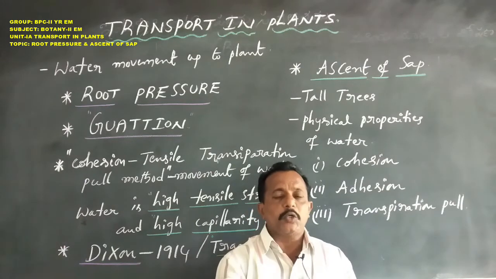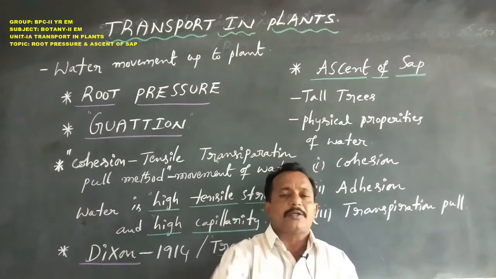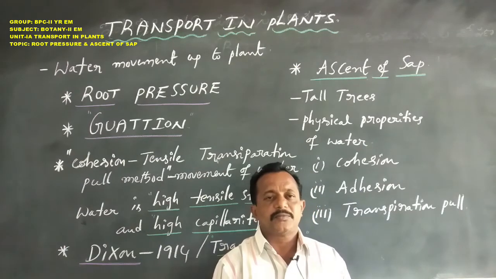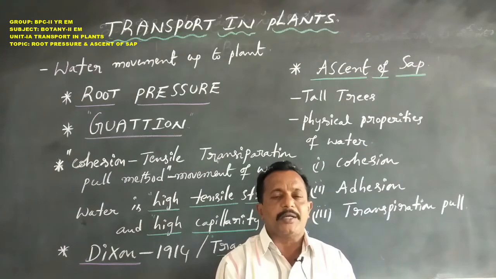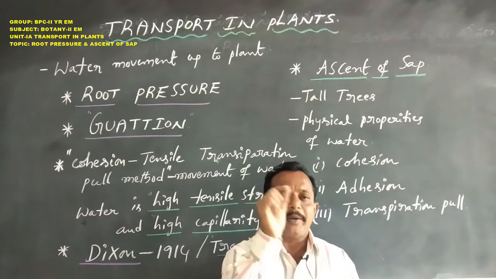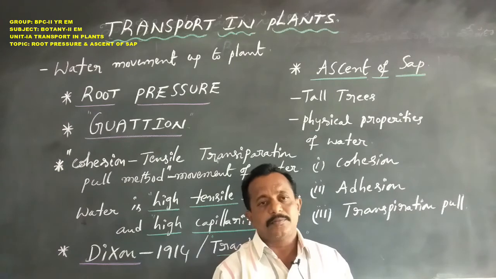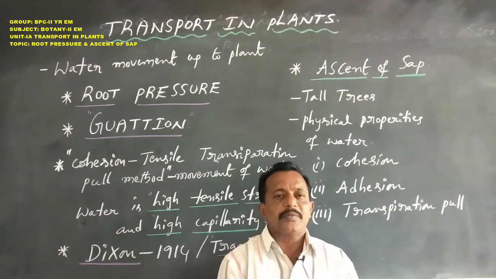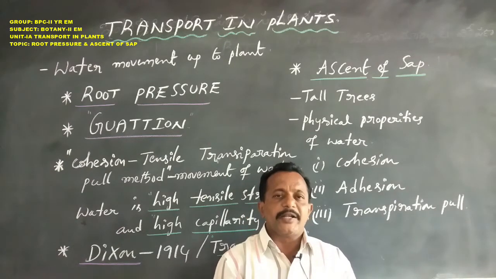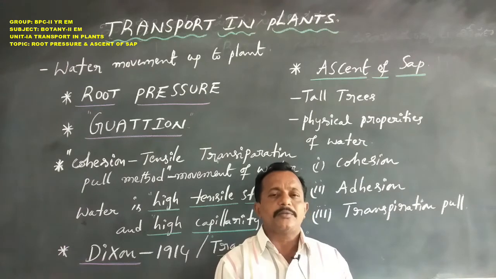So how does water reach the tip of tall trees? Mainly the water reaches there by transpiration pull.